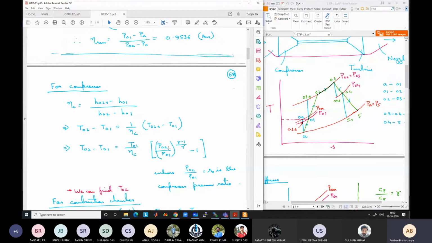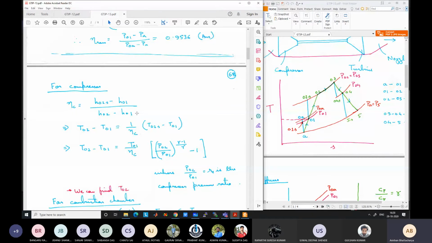So it is RC to the power gamma minus 1 by gamma, minus 1. This is a known quantity. T01 is known from my previous calculation, and eta C is a given quantity. So we can find the temperature rise in the compressor and the outlet temperature of the compressor.